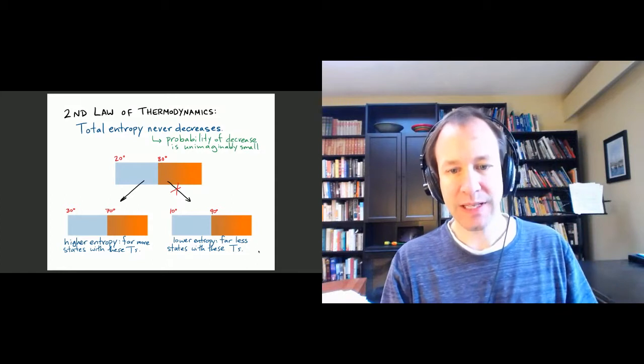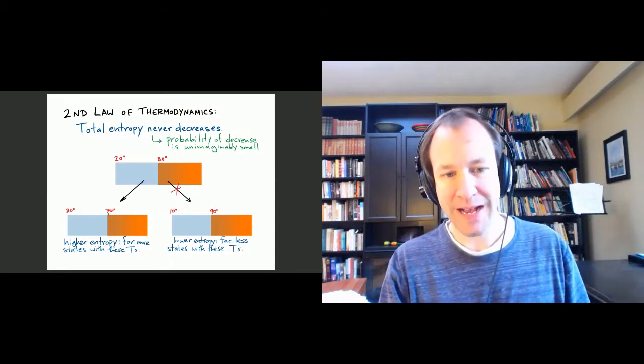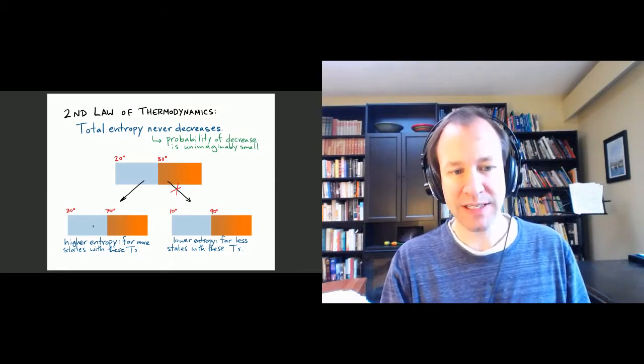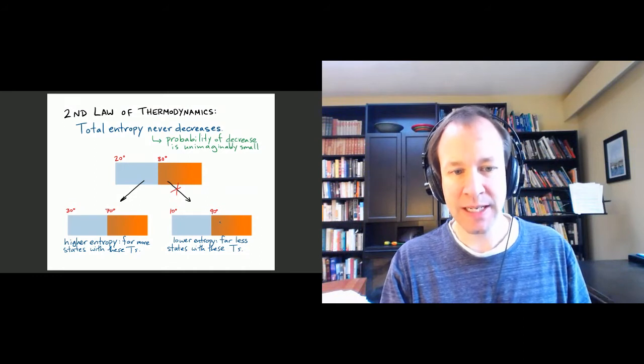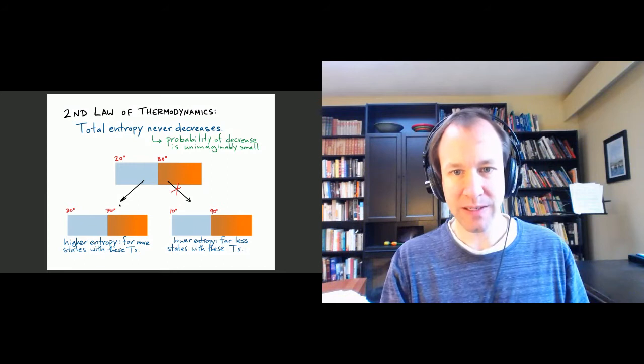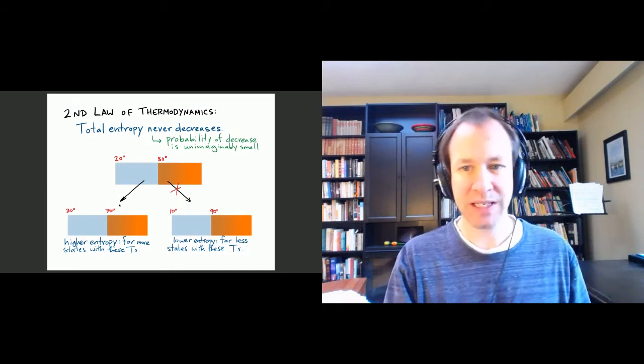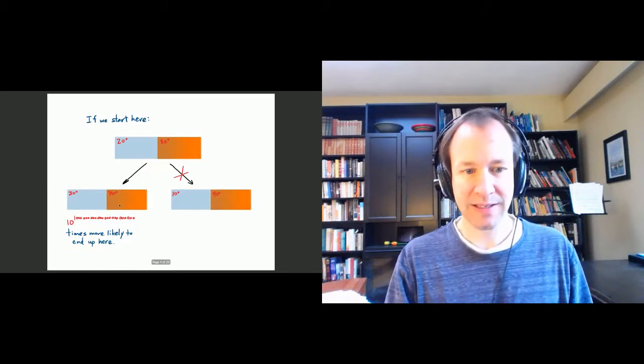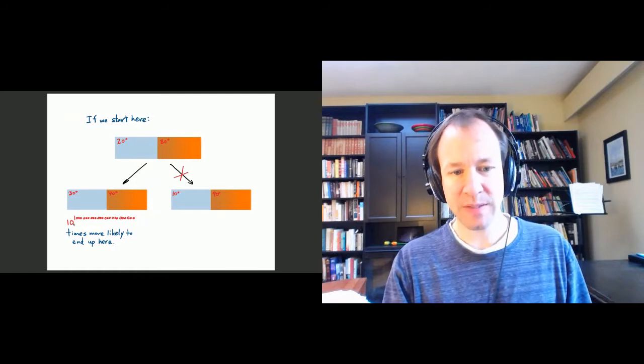That's just saying that there are vastly more configurations similar to this one than to this one. And so probability tells you that you're always going to end up here.